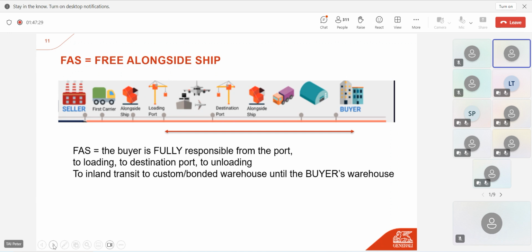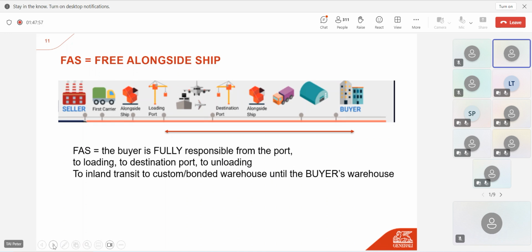However, again, this FAS, free alongside ship, is also very seldom used. Because as explained to you, normally the seller would prefer to do it on FOB. They will just go straight to the port and load onto the ship. So free alongside ship, FAS, although it is allowed, I hardly see this also.